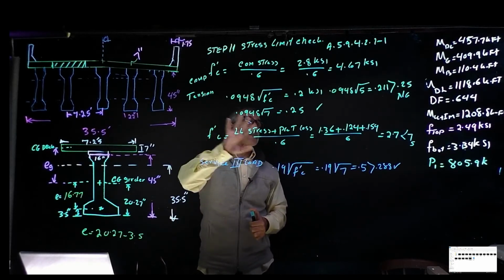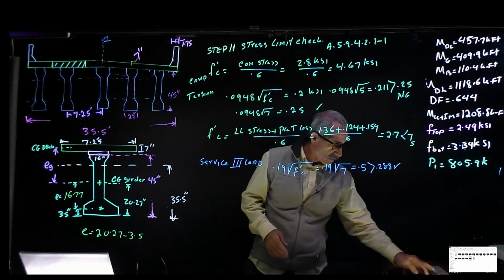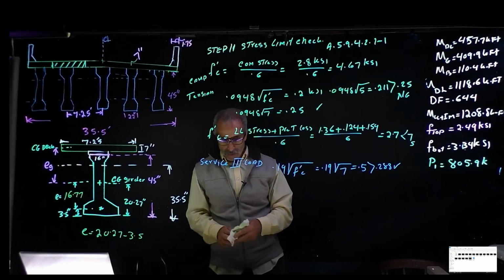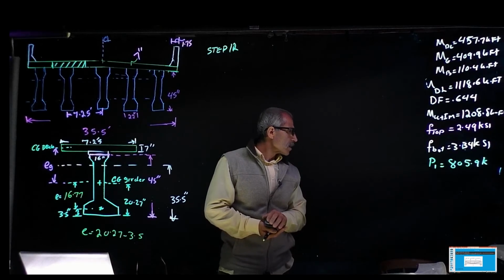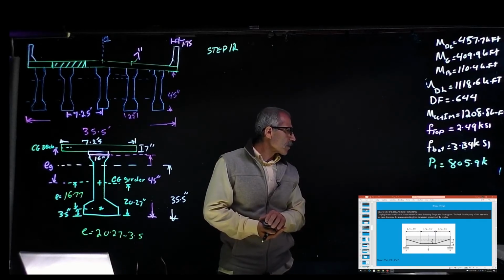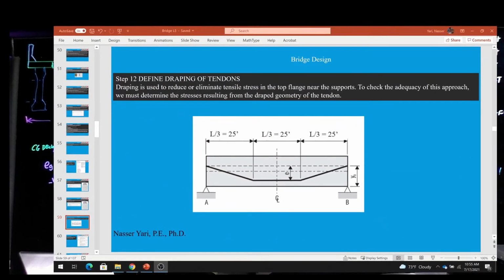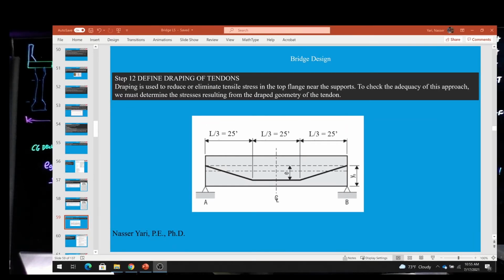So I'm going to erase this. We're going to move to the next step, step 12. Let me see if I can bring this up. In step 12, we're going to go ahead and do the draping for the tendon. Normally, if we had time, we can do a spreadsheet and go every 1/10, but for this exercise, because it's so long, let's do it at 1/3 for now.